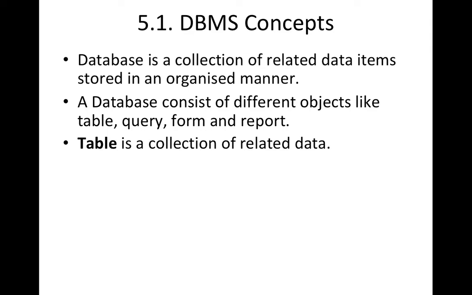A table is your usual general table, which consists of rows and columns. Columns will have specific data types. Columns are also referred to as field names. For instance, your columns may be roll number, student name, the course that the student has taken, and the marks.